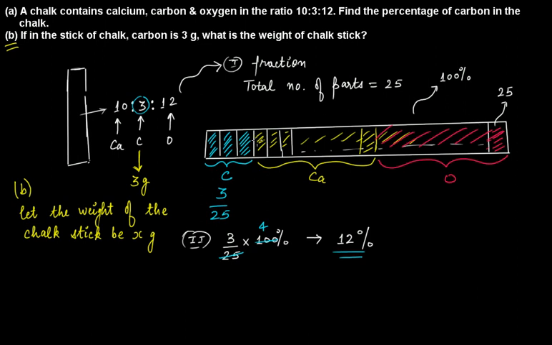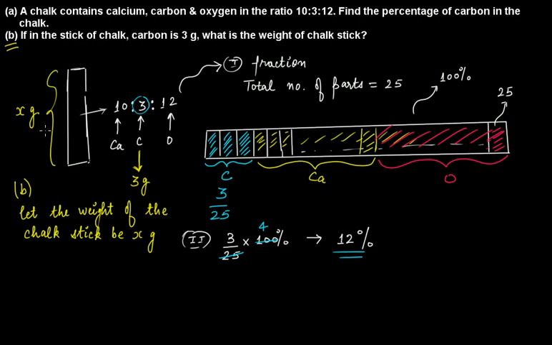So if the weight of this chalk is X gram and the percentage of carbon is 12% in this whole chalk, it means that even the weight will also be exactly the same percentage. Why? Because carbon is present in 12% in this chalk. Therefore, the weight of the carbon will also be 12% of this whole weight of this chalk.